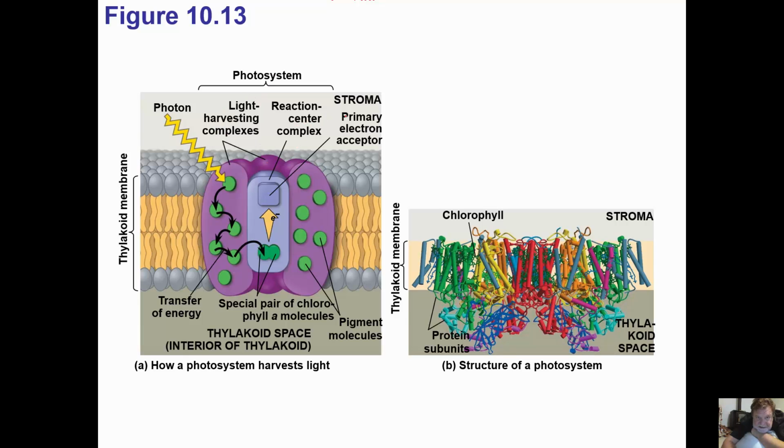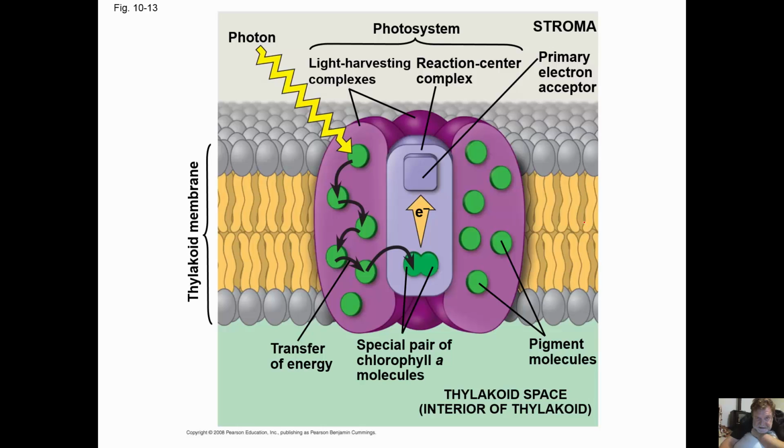Okay. And so what we see here in this photosystem, we have the light-harvesting complex, the stroma, and a special pair of chlorophyll A molecules, and the thylakoid inner space.